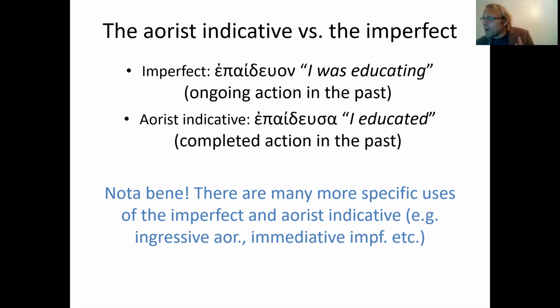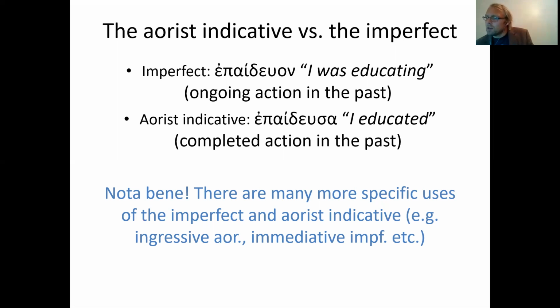Please also bear in mind what I said in the beginning of this lecture, namely that it is only in the indicative mood that the aorist is used specifically to refer to the past, while in the other moods, the time of the depicted event or action may lie in the present or in the future as well.